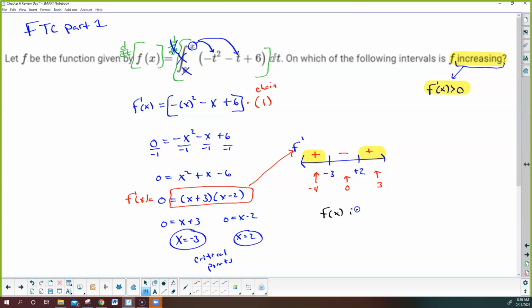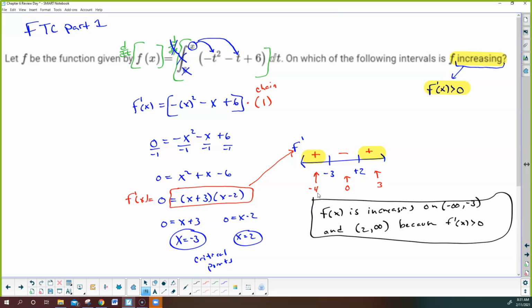So f of x is increasing on the interval from -infinity to -3 and 2 to +infinity. And then my reason, why do we know that? Because f prime of x is greater than 0.